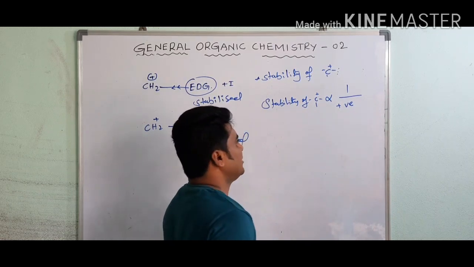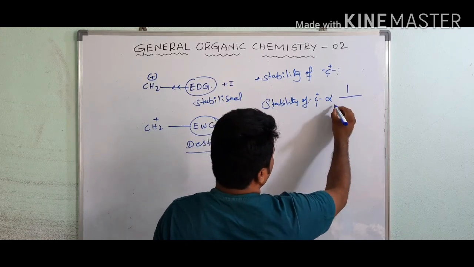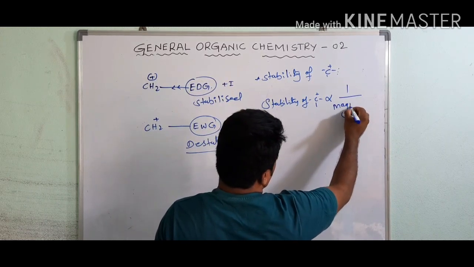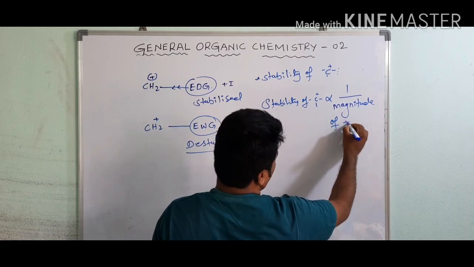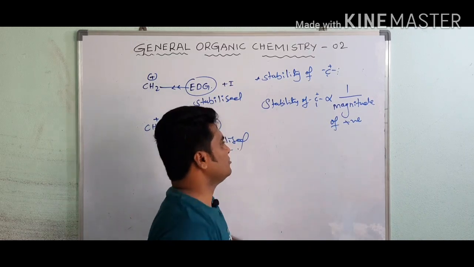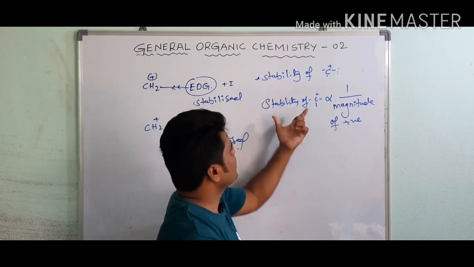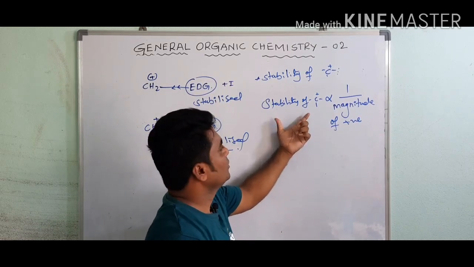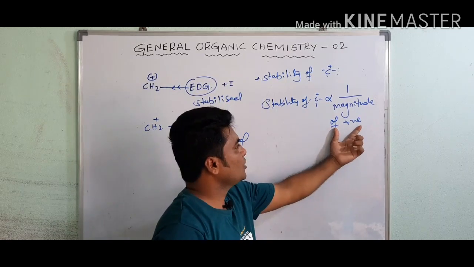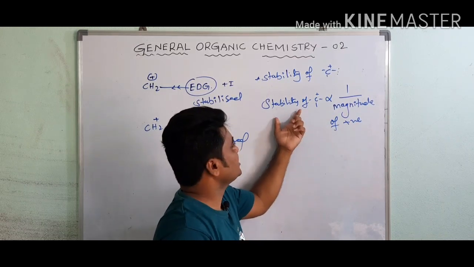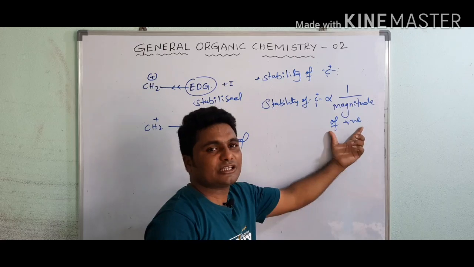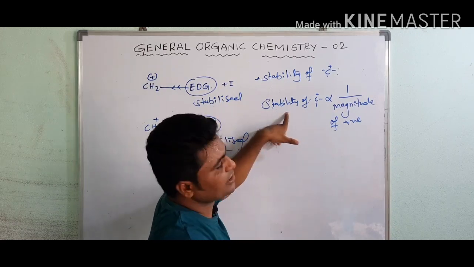See, I will write here, magnitude of positive charge. It means if the positive charge is less, it is more stable. Why? Magnitude of positive charge less means less electron deficient, so it becomes stable. But if the magnitude of positive charge is very high, it means unstable.